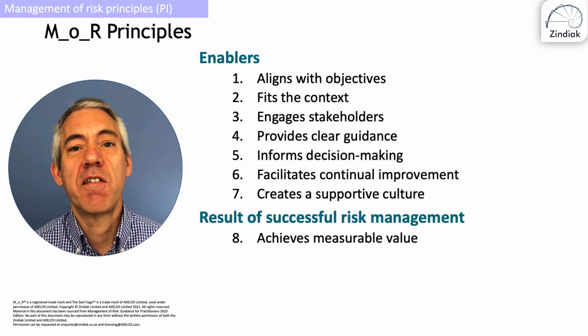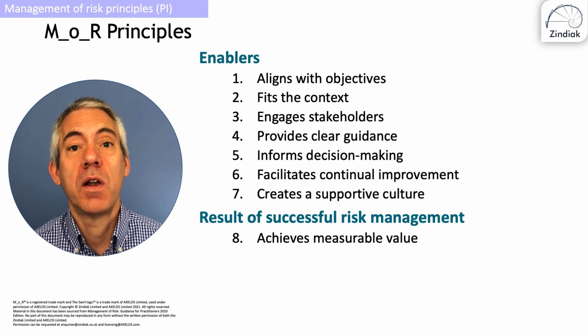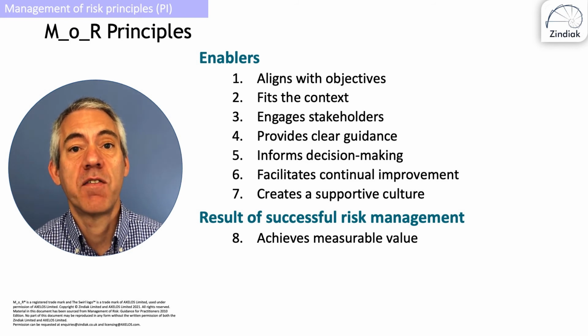We're now going to take our first look at the 8 principles, and you can see they're broken down into 7 enablers, which, if we follow them, will enable us to achieve successful risk management and achieve measurable value, which is the 8th principle. So let's have a quick look at the enablers.